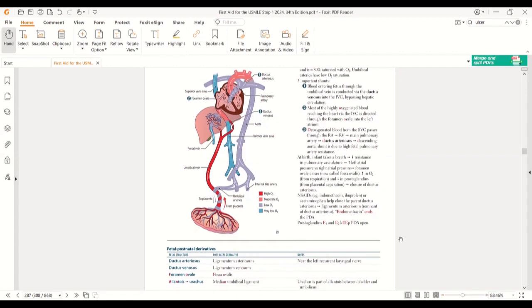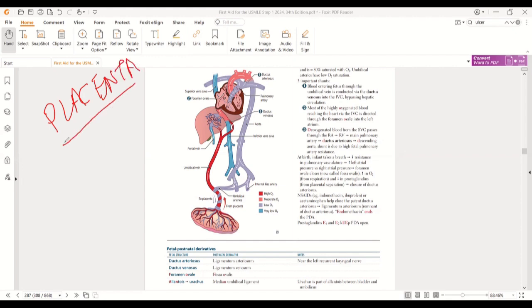Can anybody tell me how many vessels are in the placenta? Three vessels, absolutely right.